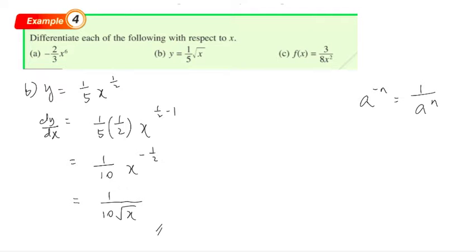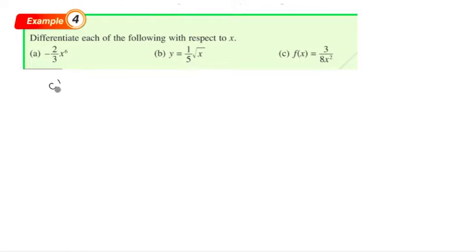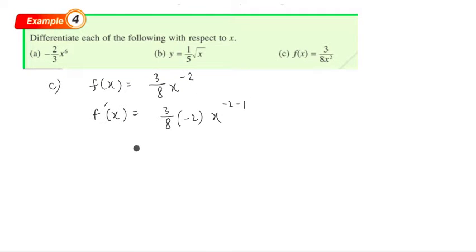Now C. f(x) equals 3 over 8 x^(negative 2), because the power 2, I bring up but it becomes power negative. So f prime x, meaning I differentiate now, multiply by negative 2, and x you copy down, negative 2 minus 1, n minus 1.